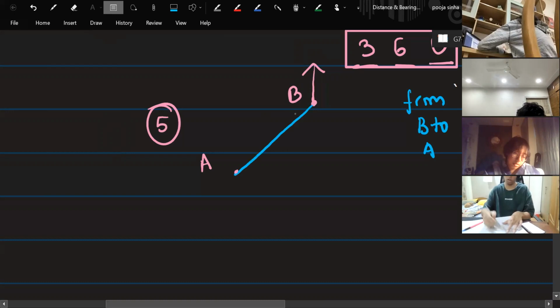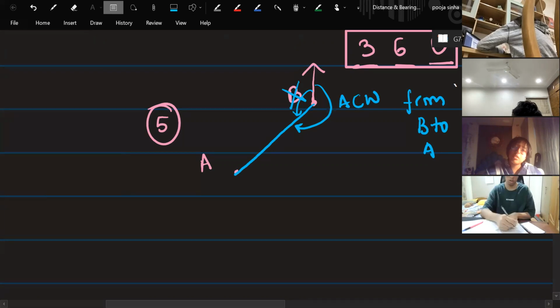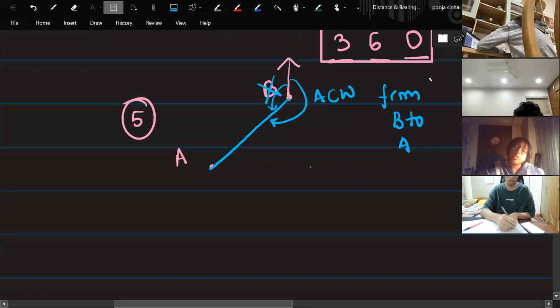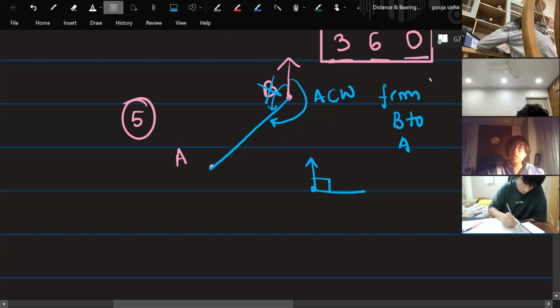So I can measure either like this or like this, but one of them is wrong. You're supposed to only measure in the anti-clockwise direction. This one would be wrong. Only anti-clockwise, I think I said clockwise earlier.